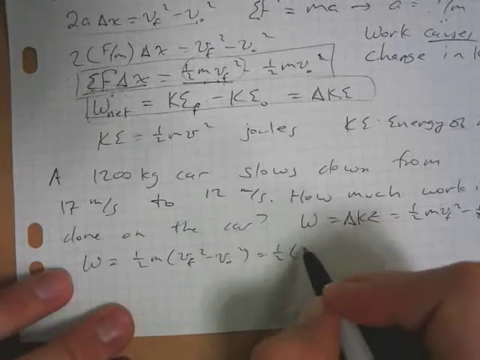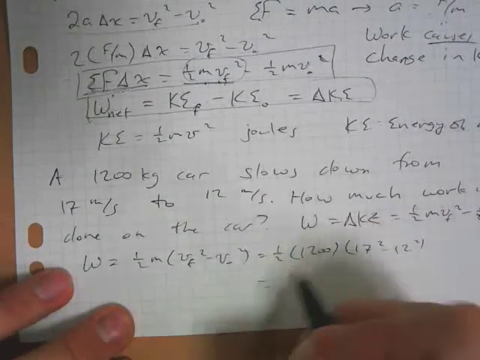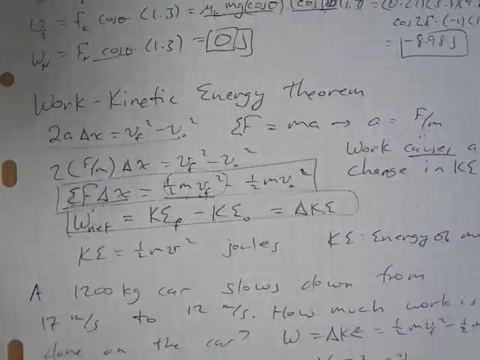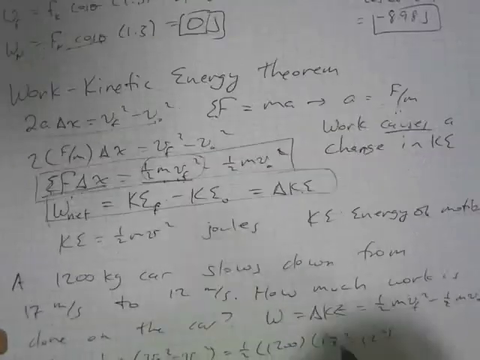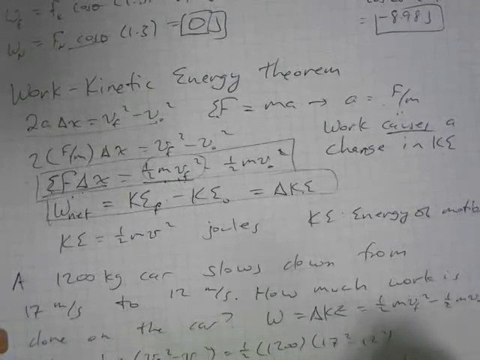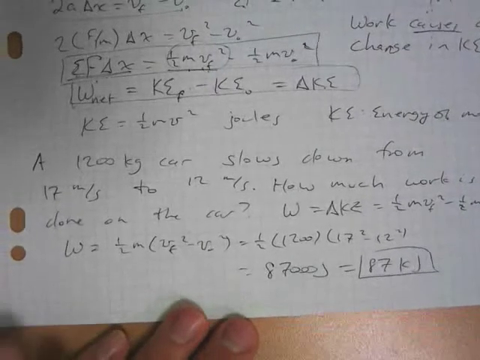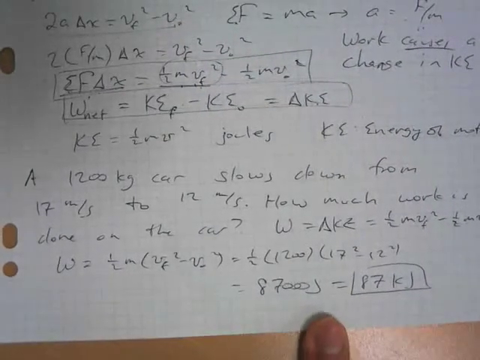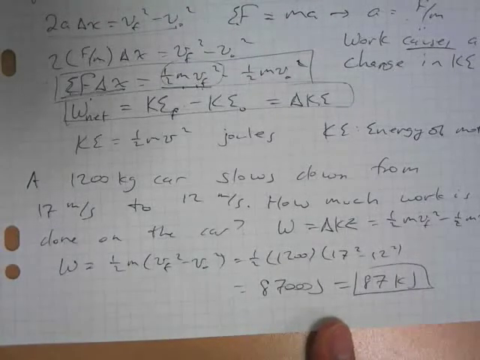So that's 1/2 times 1,200 times 17 squared minus 12 squared. And so we can easily see that the work done on the car is negative 87,000 joules. A lot of times we would use kilojoules for something that's big like that. A kilojoule is just 1,000 joules. So that's a simple application of the work kinetic energy theorem, and you will see other problems that fall into this, just applying this equation.